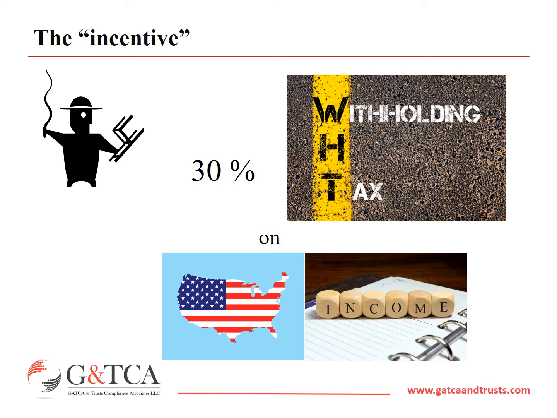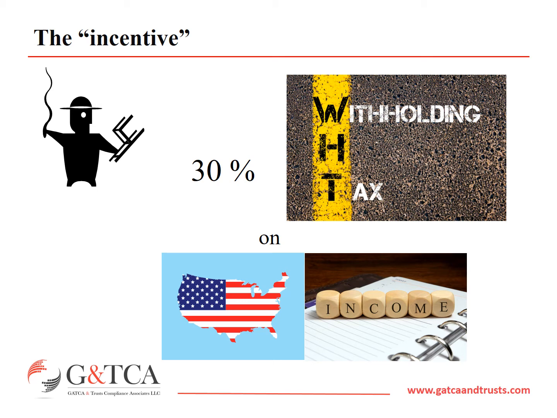Now let's take a little step back. We've seen that FATCA is a US law. We've also seen that it imposes obligations on non-US financial institutions. Why on earth would a non-US bank or a non-US client structure that's classified as an FFI comply with a US law? The answer is that FATCA has an inbuilt enforcement incentive.